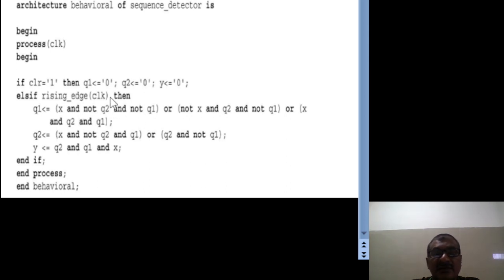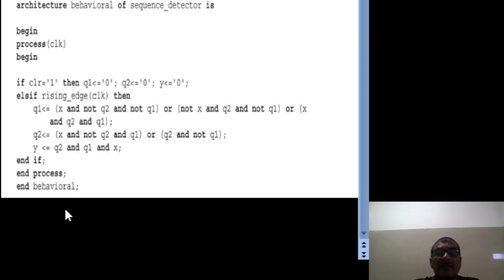Previously we derived some equations, right? Those equations are directly represented here like a data flow model. It is almost a data flow model, but the operation depends on the clock signal. That's why we have taken the process and if statements. Not only the state equations, the output equation is also represented, and after that end if, end process, end behavioral.